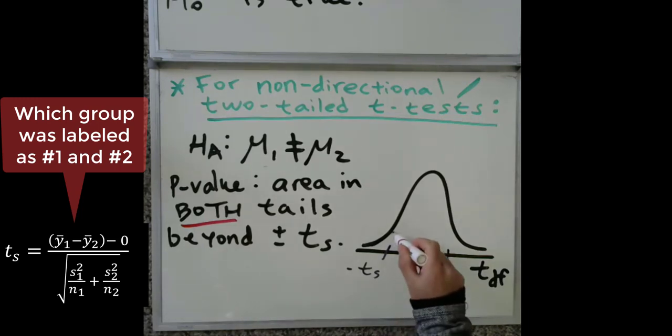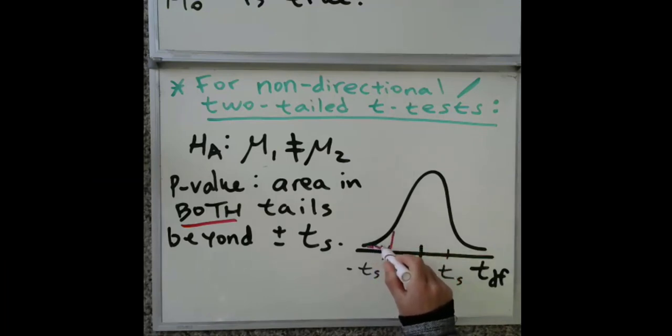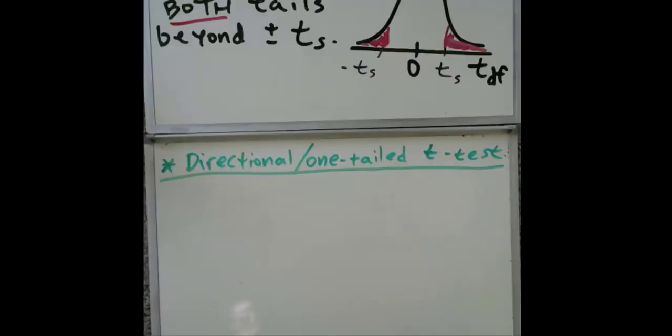But we're looking for that difference, and so the area is in both tails. So that p-value is both those areas added up. In a directional or a one-tailed t-test, the p-value would only be one of these tailed regions.